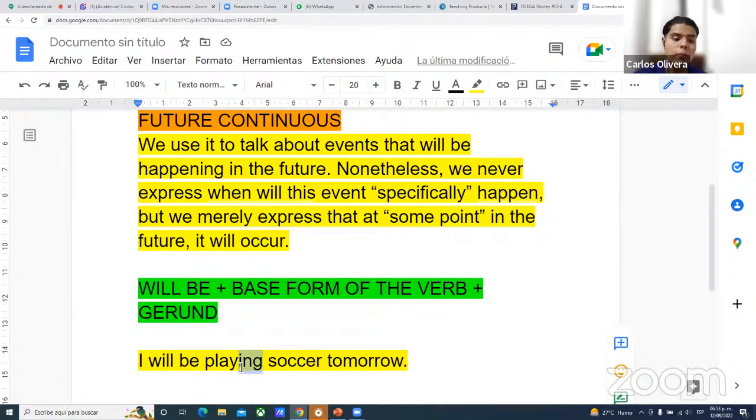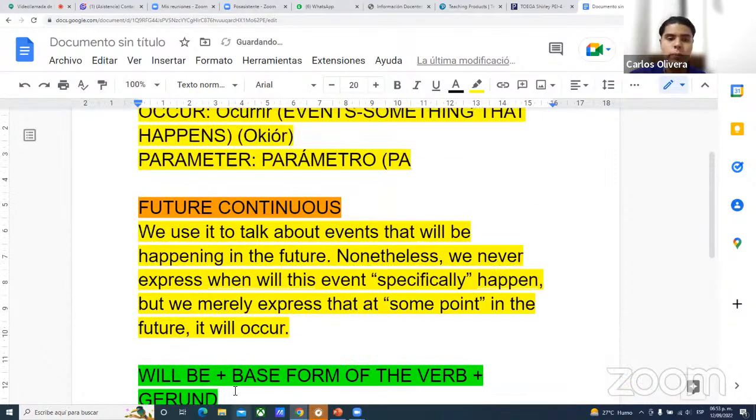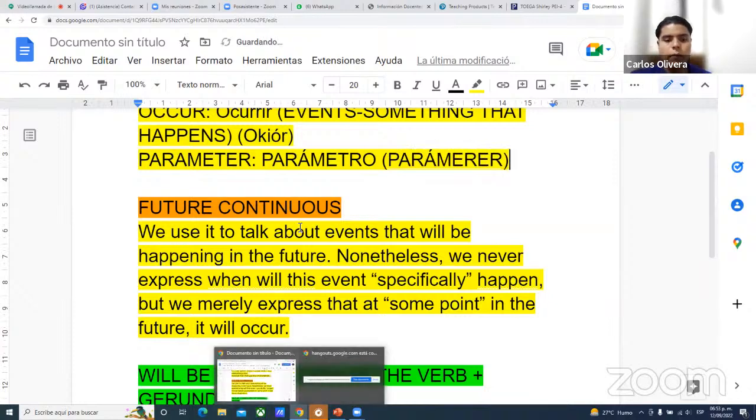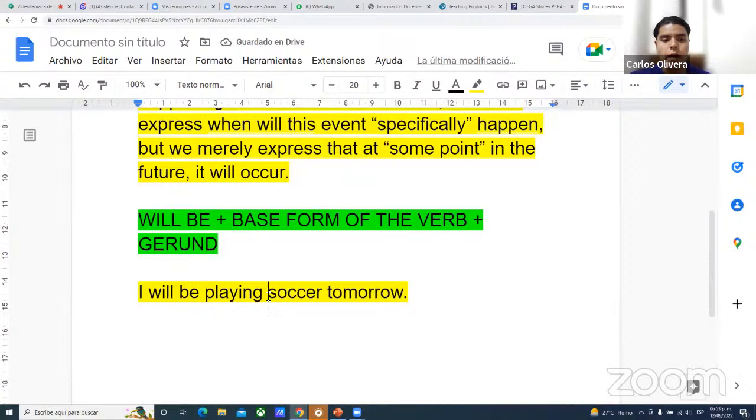Of course, what you said, for example, here, we could also express the same idea with this, right? If we just say, I will play soccer tomorrow, maybe this is expressing certainly the same idea, that at some point of tomorrow I am going to play soccer, but nonetheless, it's not the same, right?